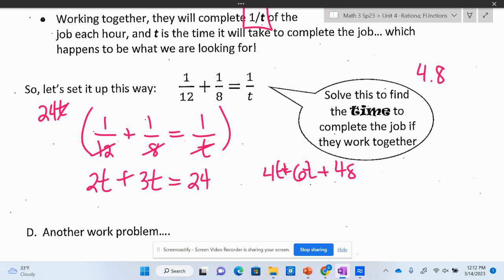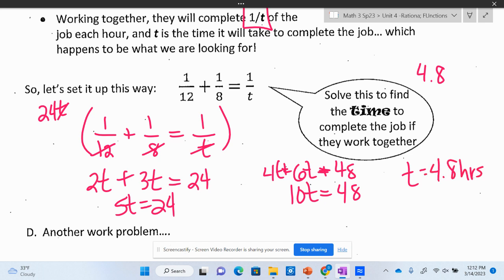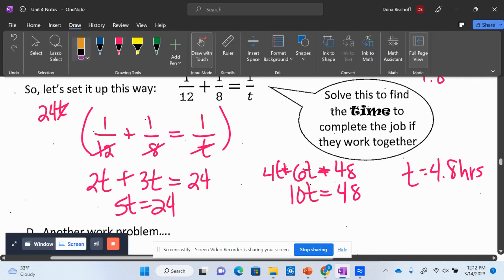So we get 5t equals 24, and my work says 10t equals 48. That should be an equal sign. Which one of these is correct? They both are. When you solve, you still find out that the time is going to be 4.8 hours. Okay. 4.8 hours.